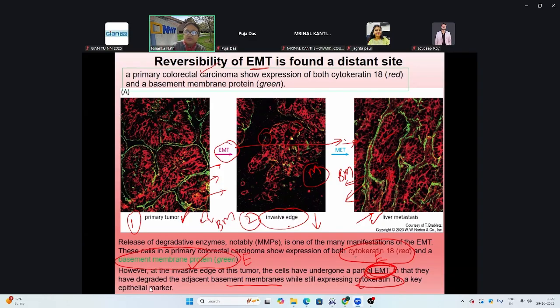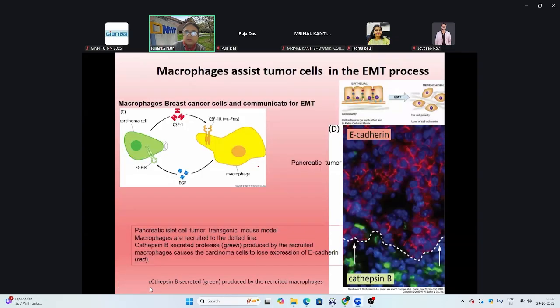So this is a reversible process. That means that if we are able to catch these at an early stage, maybe we can start thinking about earlier treatment. So we said that the EMT process is so important.